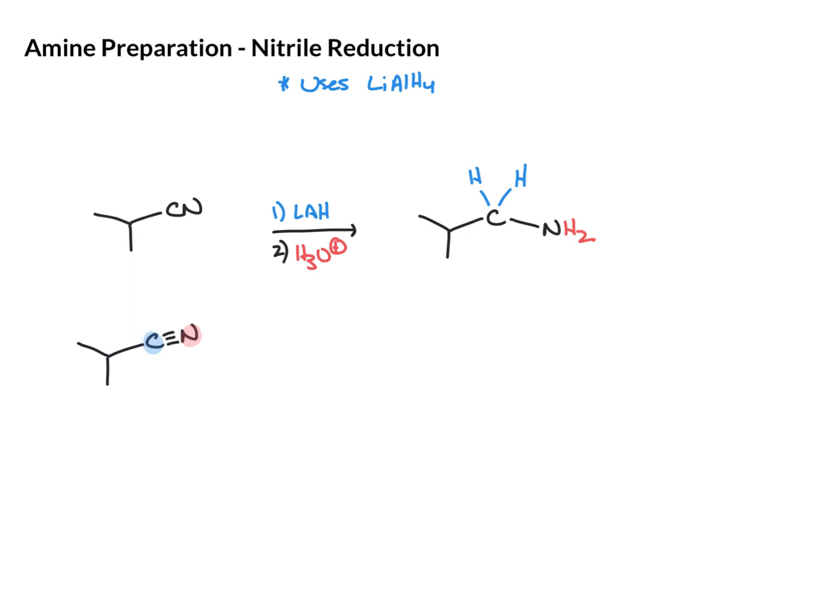So we reduced both the carbon and that nitrogen. During the process, the CN triple bond became a CN double bond, and then a CN single bond. And this is another case where you might clean it up a little bit. Leave that carbon and the 2 hydrogens implied, and just draw it as your amine like that.